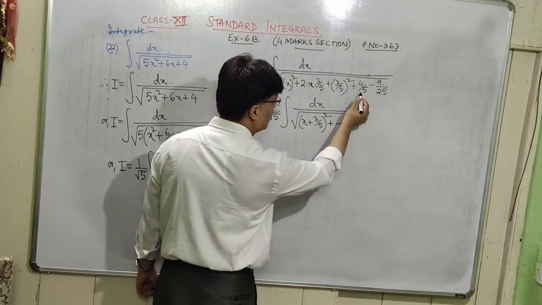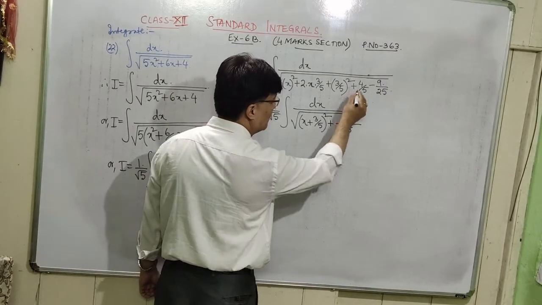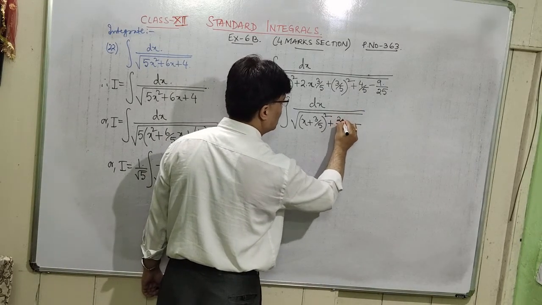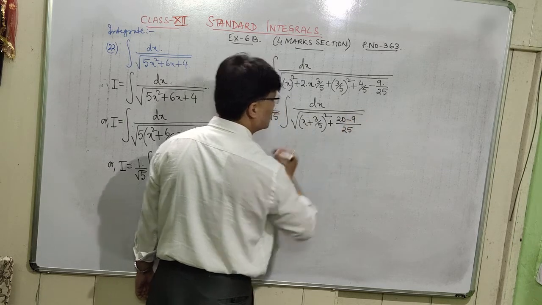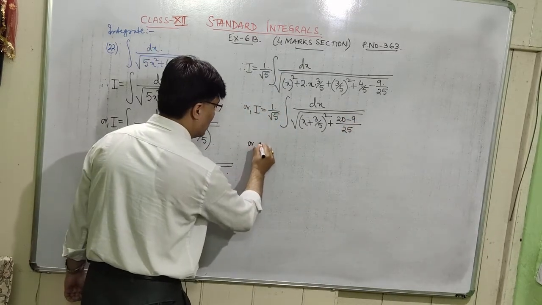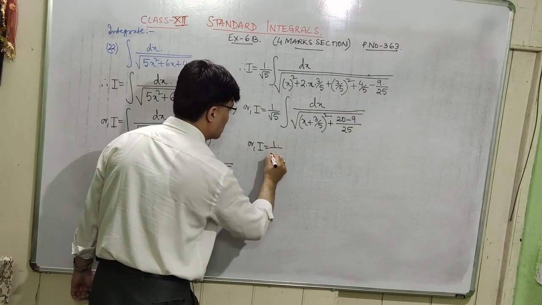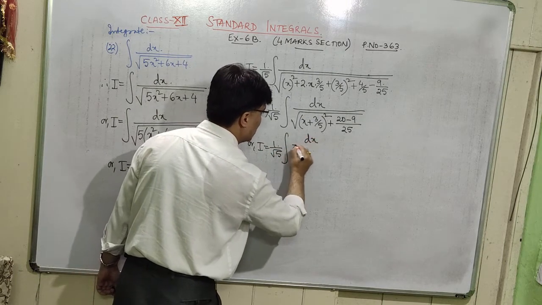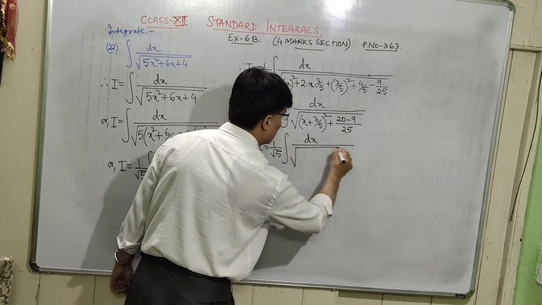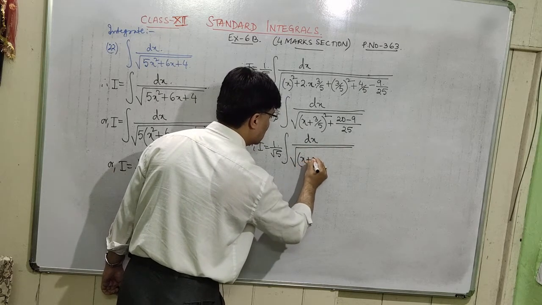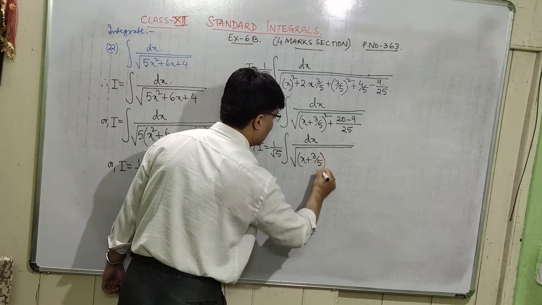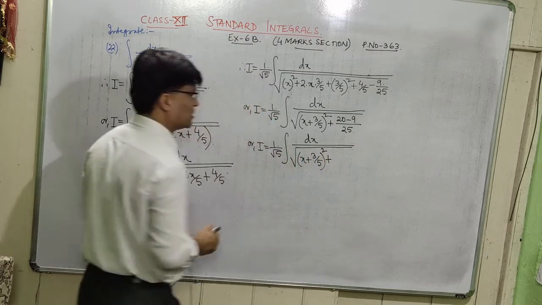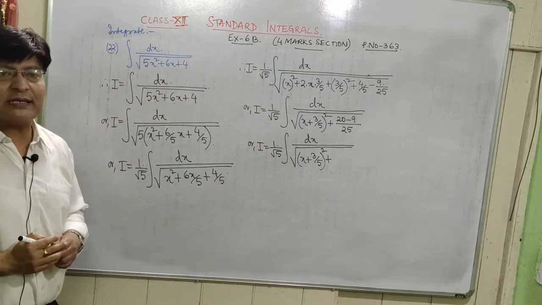So this LCM is divided by 5, 5 fives are 25, isn't it? 5 fives are 25, so 5 fours are 20 and this is minus 9. So I is equal to 1 by root 5 integration of dx divided by within square root, x plus 3 by 5 whole square plus, what is 20 minus 9?